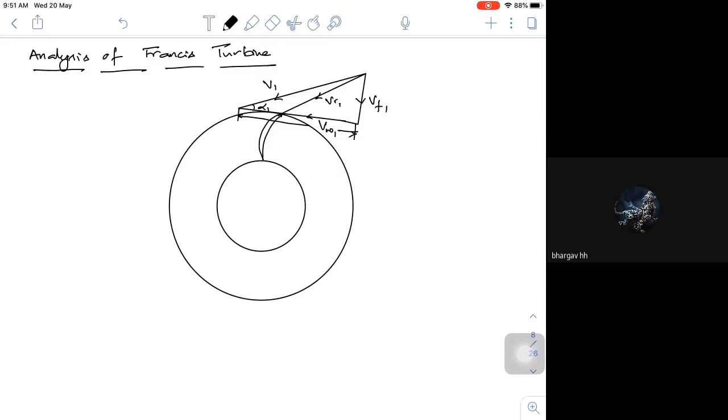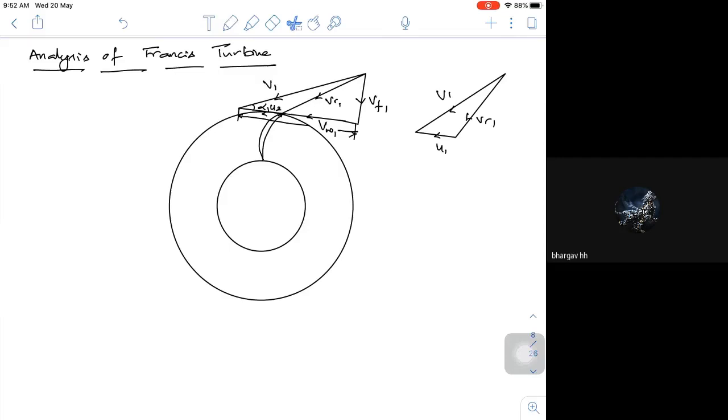U is here. I have my VR1, so I have my U here. This is my U1. So the velocity triangle is something like this, where this is my V1, VR1, and U1. This is the inlet velocity triangle.